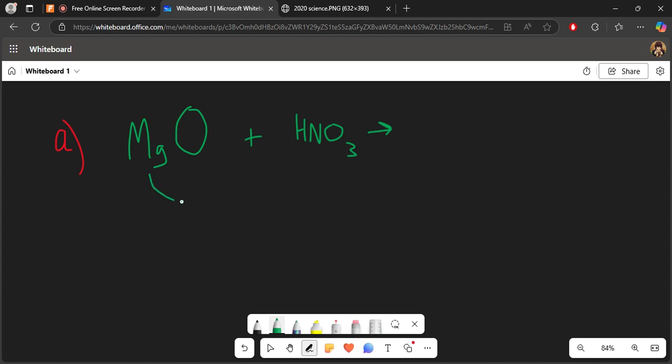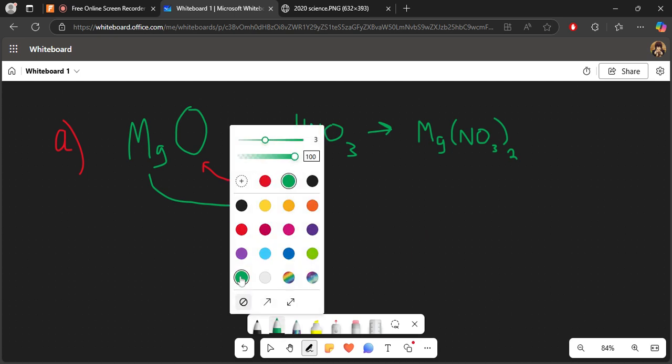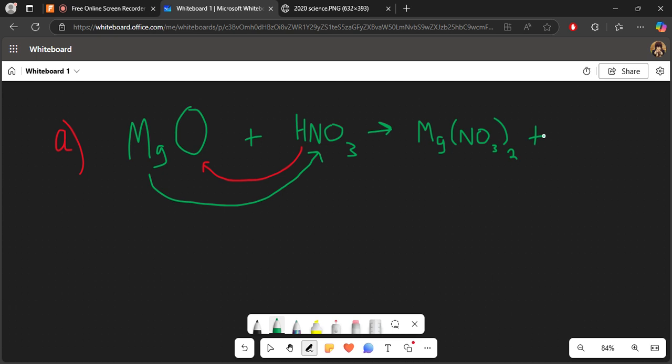So magnesium goes with the nitrate to give us magnesium nitrate. Hydrogen goes with oxygen to give us water.